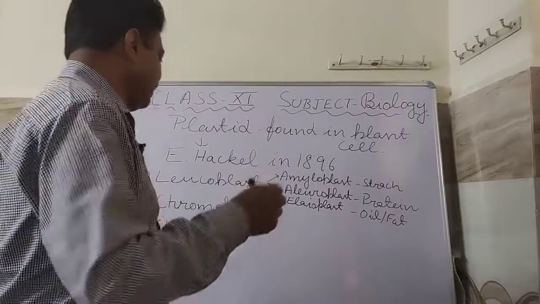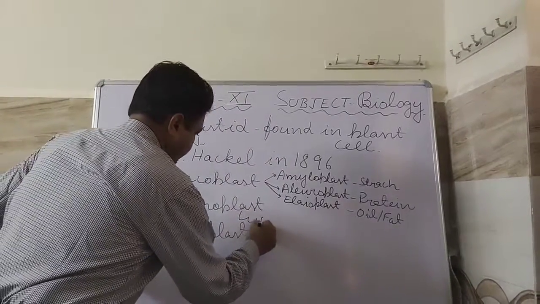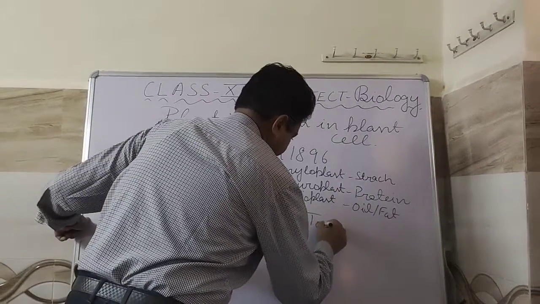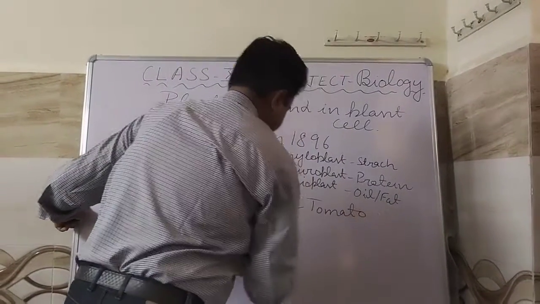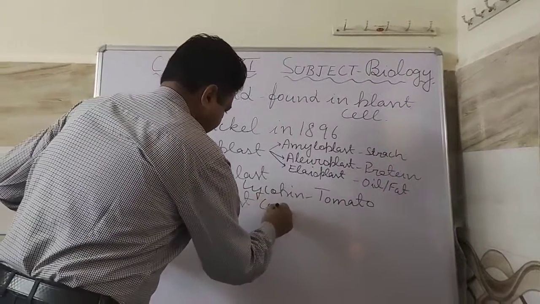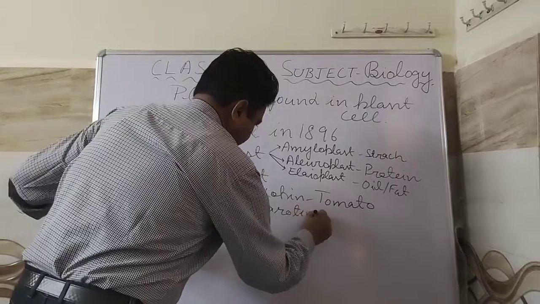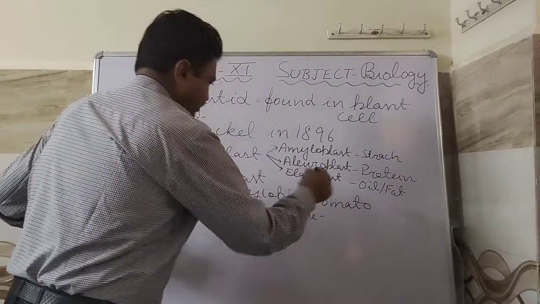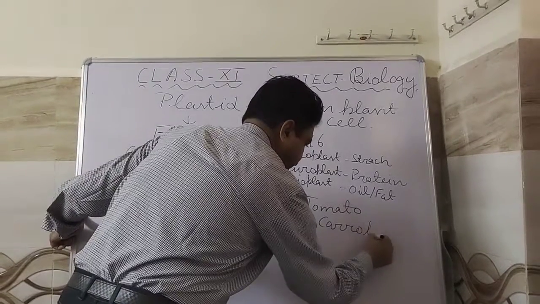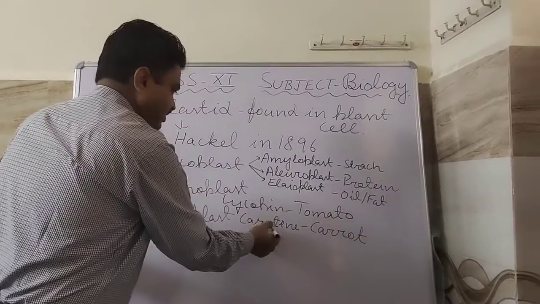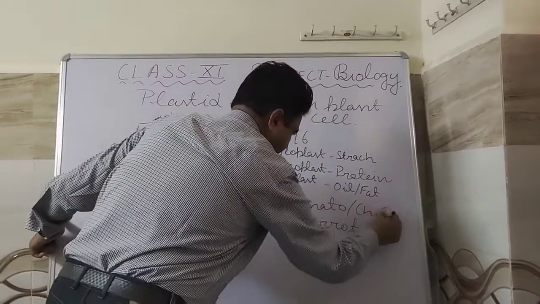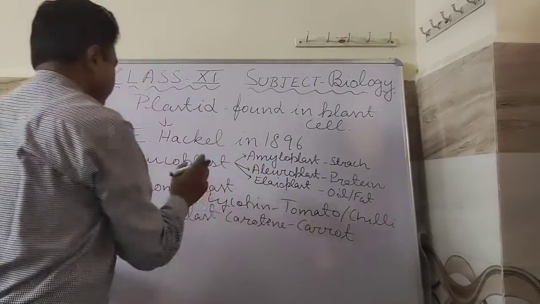Lycopene plastid is found in tomato. And when you eat carrot, the carrot has carotene. Carotene plastid is found in carrot, from which the carrot has its color, and the tomato and red chili have the red color due to the lycopene chromoplast.